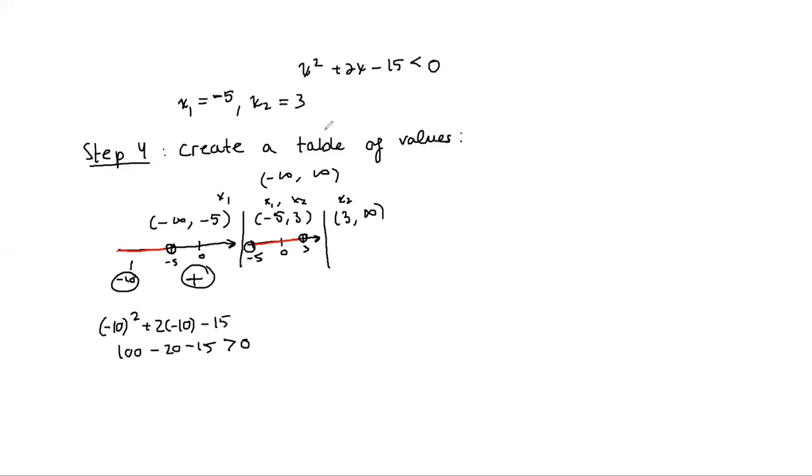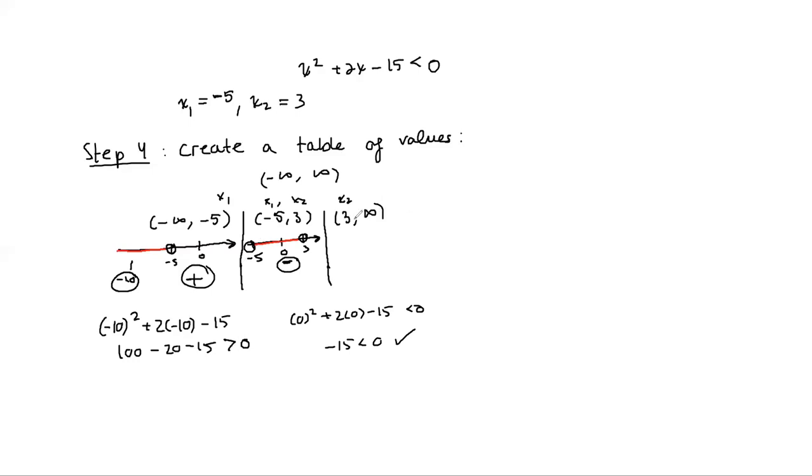So if I take a value between these two, for instance 0, then I would have 0 squared, plugging it back into the function, minus 15, so less than 0. Yes, this is less than 0, so it works. So here it is going to be negative.